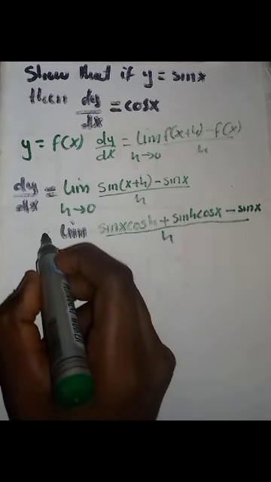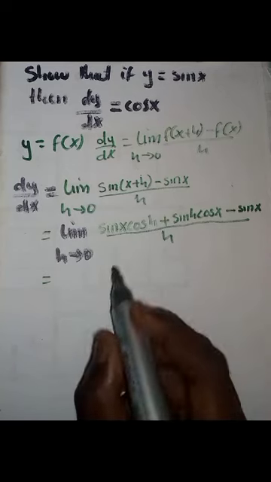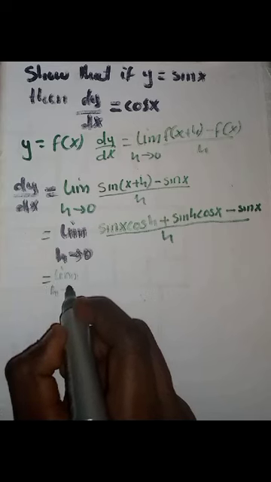So this is now going to give us, I'm going to factor out sine x here and here. So I'm going to have the limit as h goes to 0.